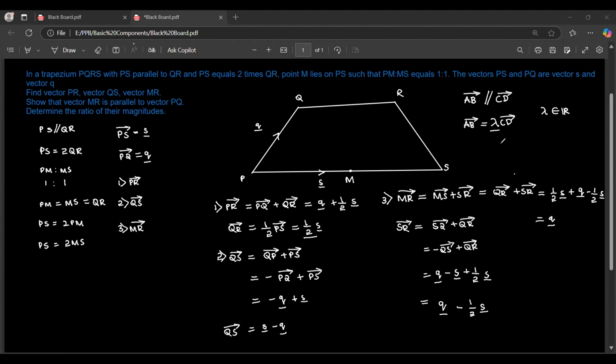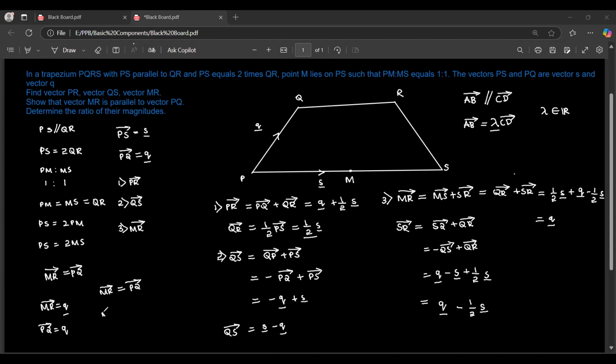So like that, let's say MR is actually equal to PQ. Why? We can see that. MR is equal to Q, and PQ is also equal to Q, which means MR is equal to PQ.